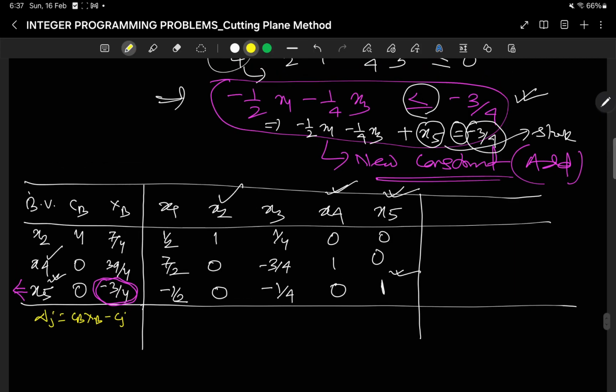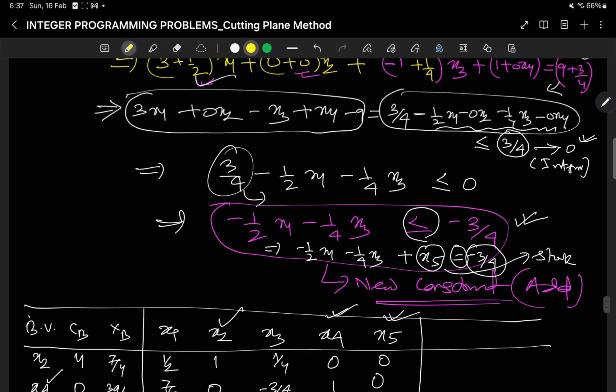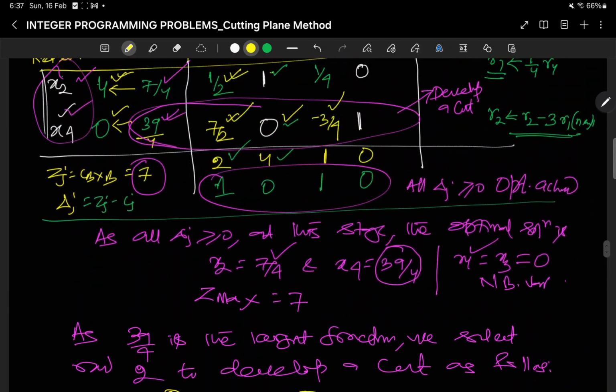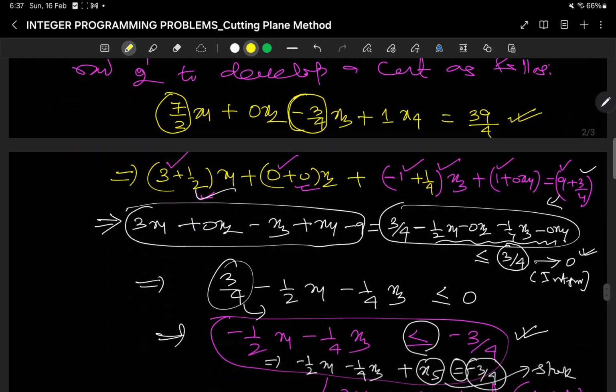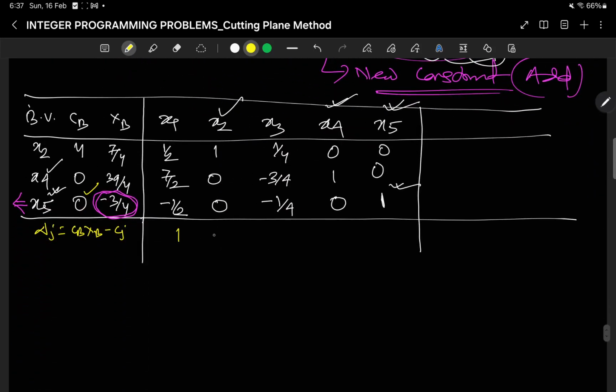Since this is already 0, the previous one will work here. It will be the same as 1 0 1 0, and for the final one it is 0 plus 0 plus 0 minus 0, which is also 0.